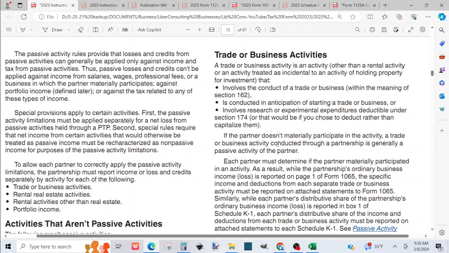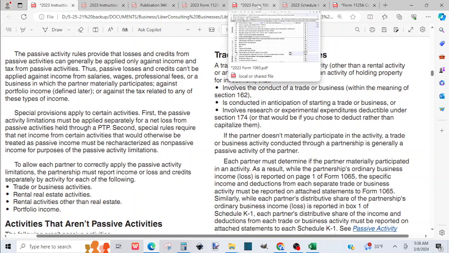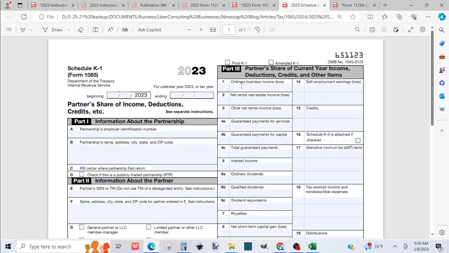the profit or loss from that page 1 will go on Schedule K, line 1, and it will go in box 1 of Schedule K-1 as well. They own the times the ownership percentage for that partner. So that partner's portion will go in box 1 as well.